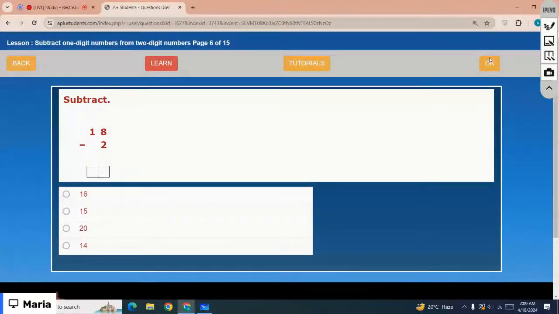The correct option is very good, 16. 18 take away 2 is 16.